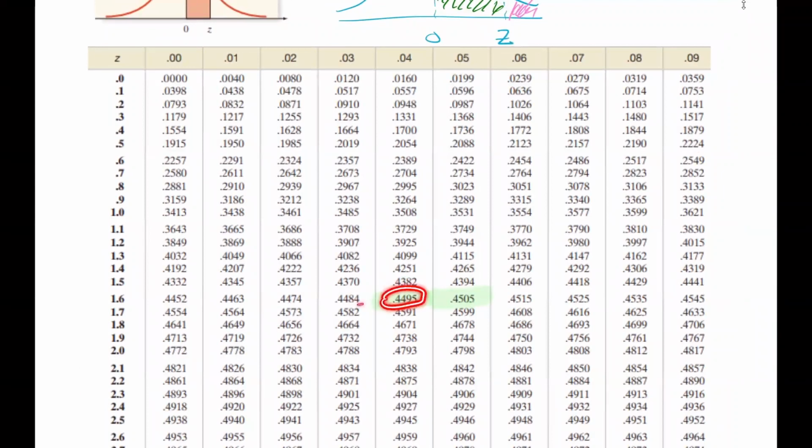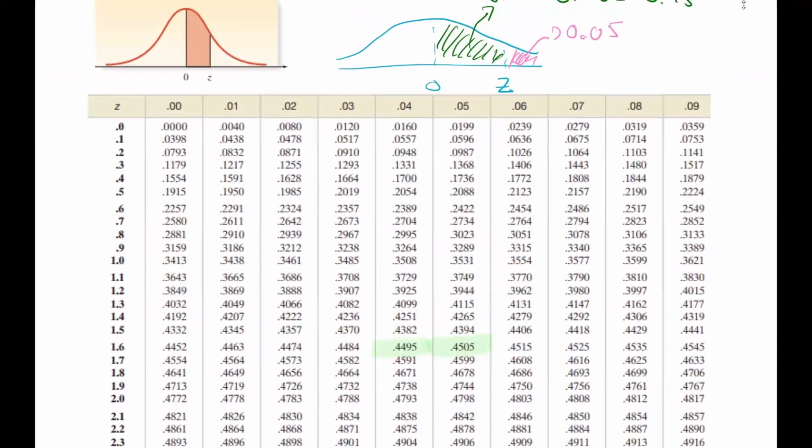And this number corresponds to 1.64, this number corresponds to 1.65. So our Z would be something in the middle of 1.64 and 1.65. So it would be 1.645.